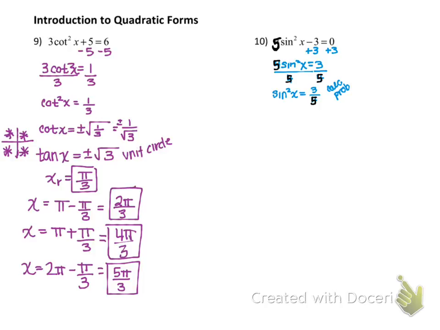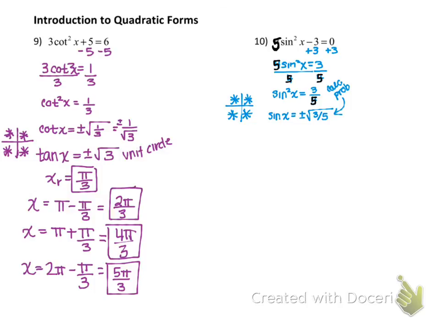So, sorry about that. If I continue and I take the square root, I have sine x equals plus or minus the square root of 3 over 5. So because of this, I know it's a calculator problem. Now you need to know, okay, where's sine positive and negative? Again, all 4 quadrants.